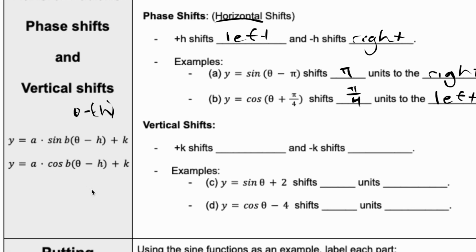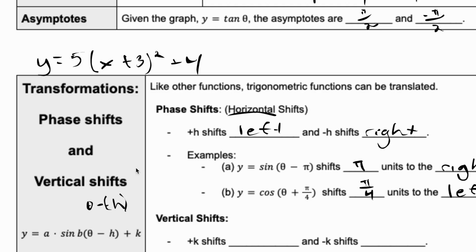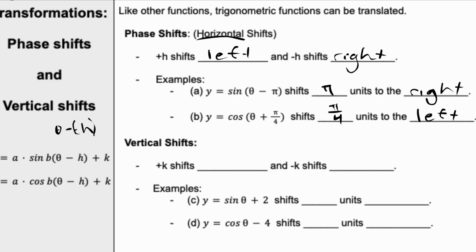Here we have plus k, just like up here where we're adding 4, that's vertically shifting us up 4. So plus k shifts up and minus k shifts down. Pretty simple. So this is shifting 2 units up, this is shifting 4 units down.